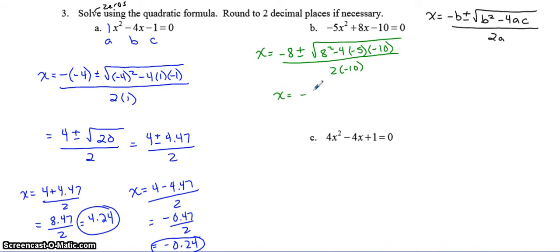Your next step is to calculate what is underneath the square root sign. Using your calculator, you would get that that is equal to negative 136. Now, since you cannot take the square root of a negative number, that means there is no solution to this equation.